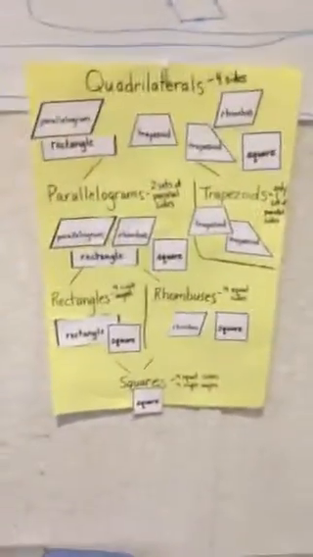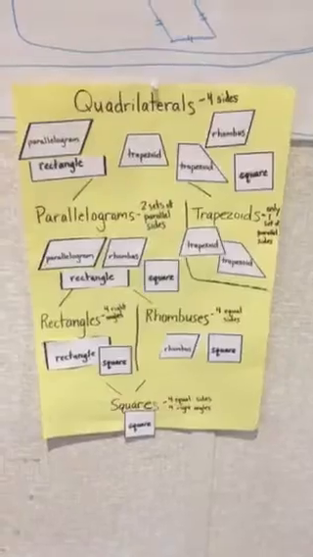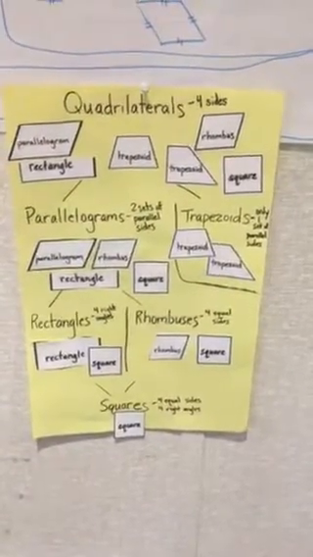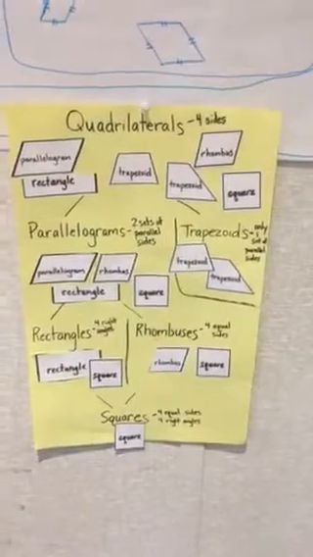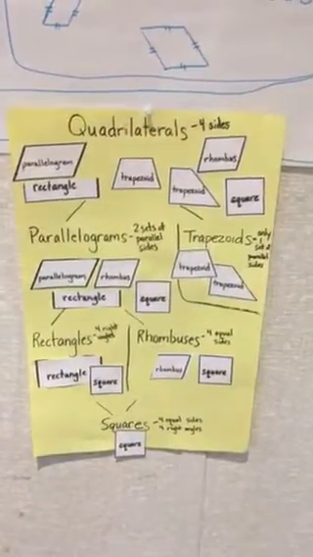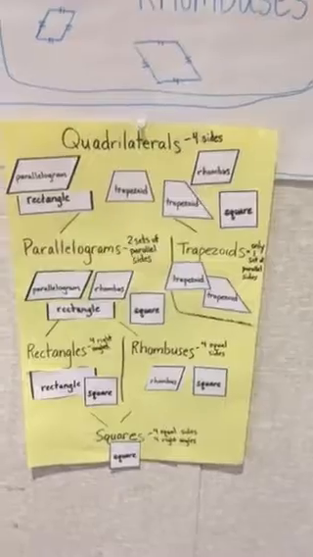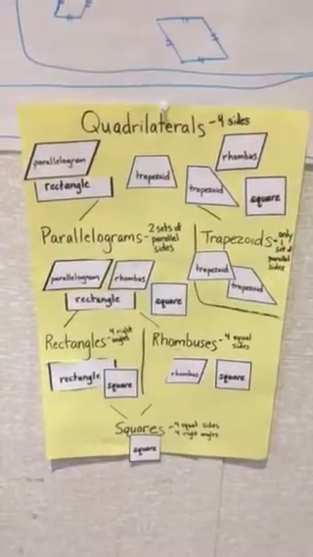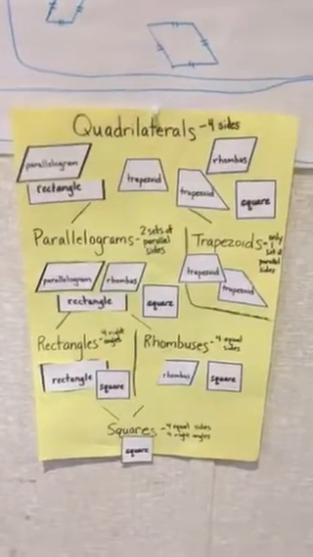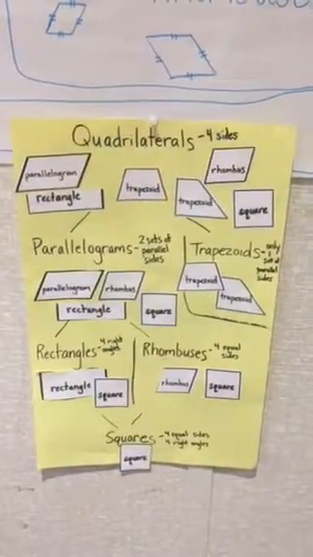Then there are the special quadrilaterals that have characteristics such as two sets of parallel sides. It's a quadrilateral, has four sides, and parallel sides can go on and on forever, never touching. If you look under parallelogram, you can see the parallelogram, the rhombus, the rectangle, and the square are all types of parallelograms.